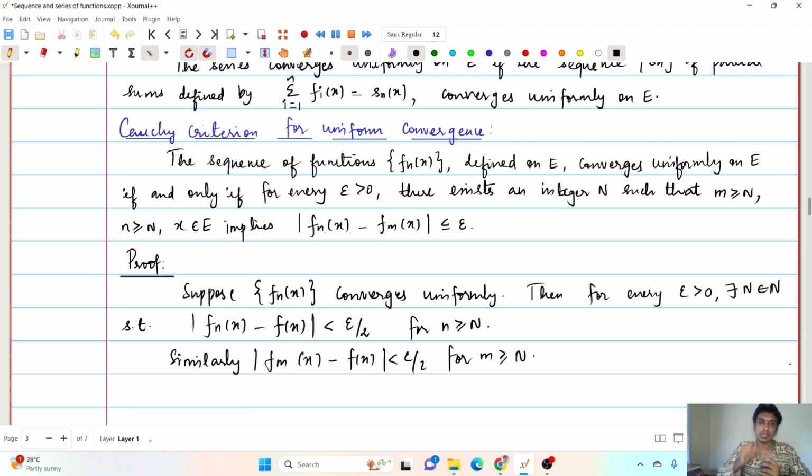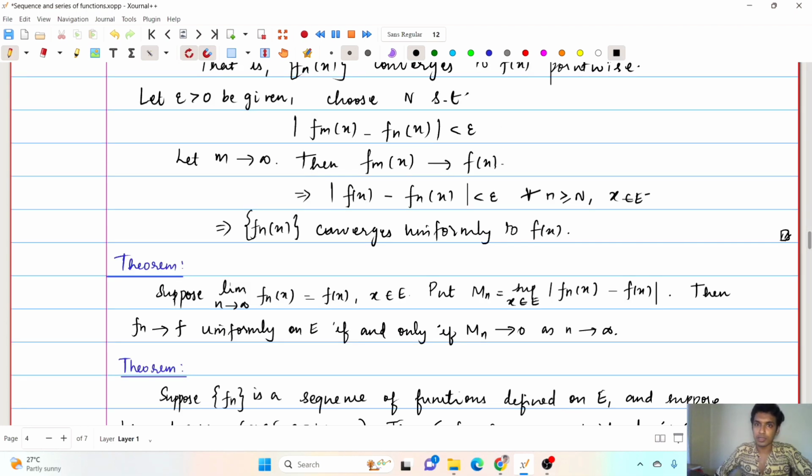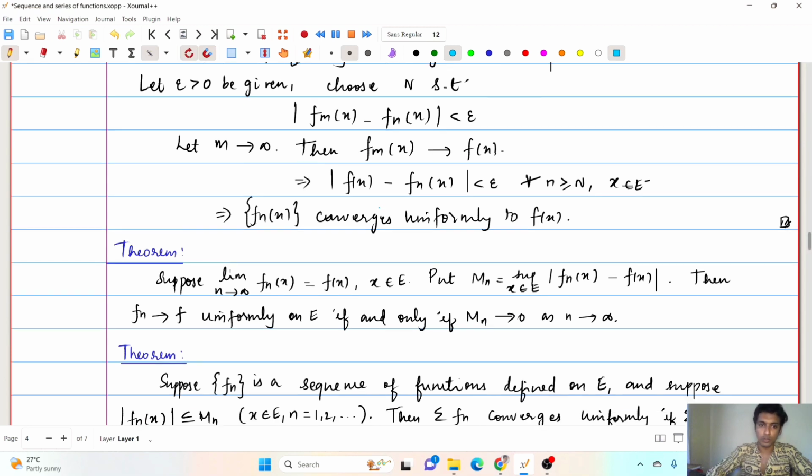Since we are dealing with real sequences or complex sequences, it is enough to justify that the given sequence is Cauchy in order to prove it converges uniformly. And so further, we have the following two theorems.